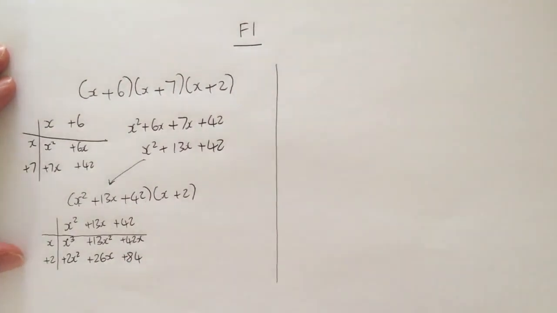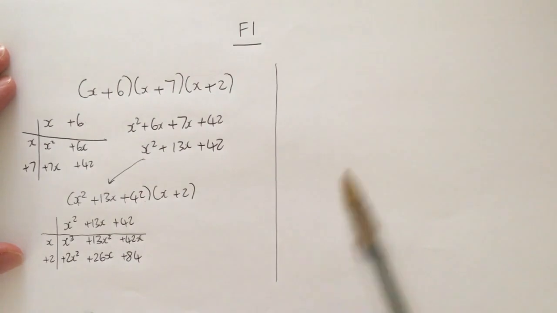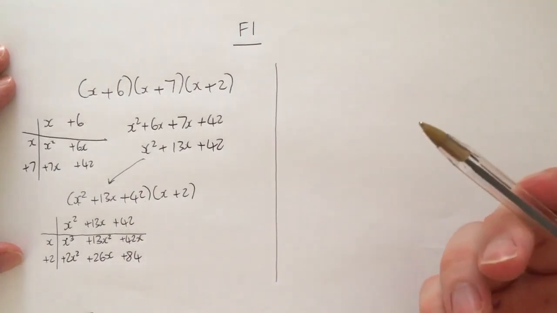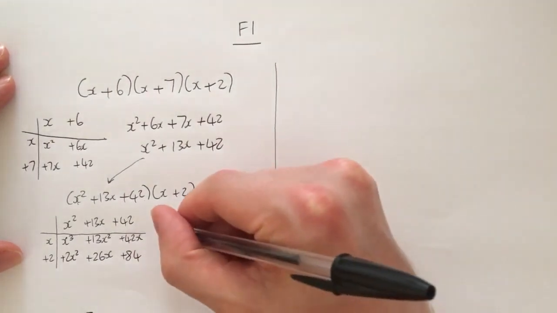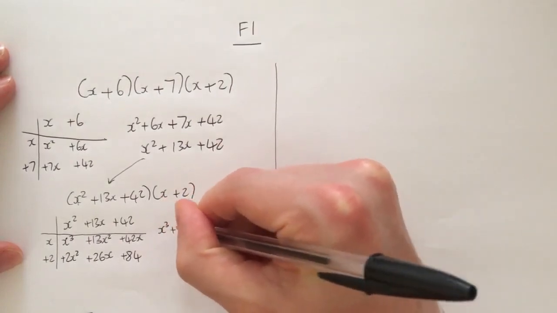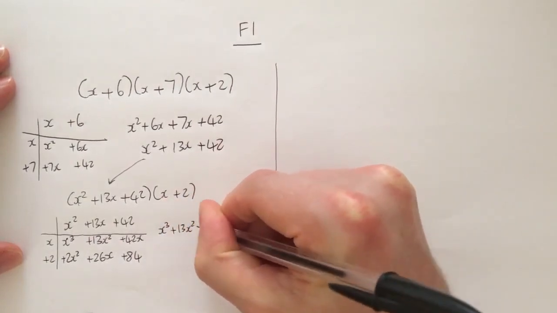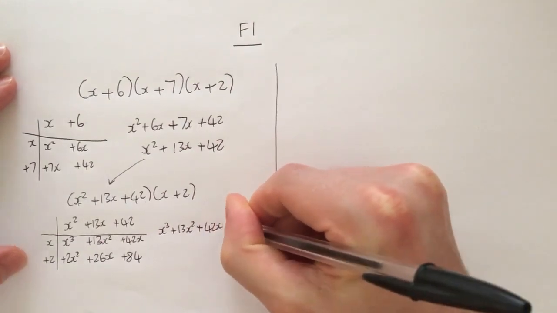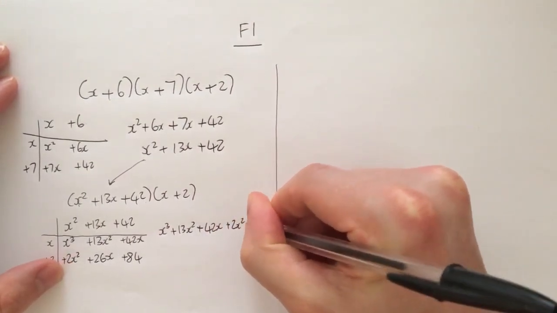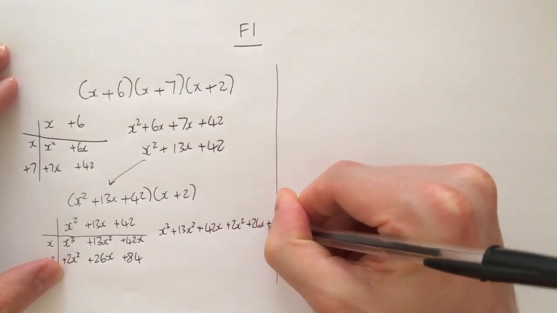I now, as before, want to simplify it. Now this one will be a smallest bit more challenging, simply because we've got a few expressions that are the same here. So I've got x cubed plus 13x squared plus 42x plus 2x squared plus 26x plus 84.